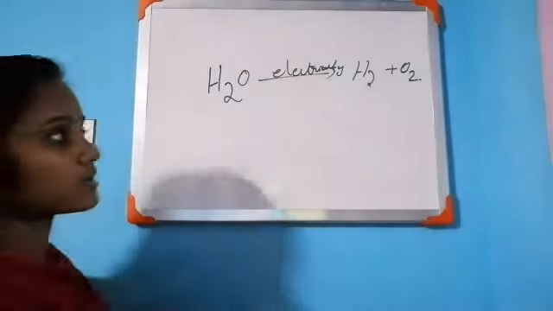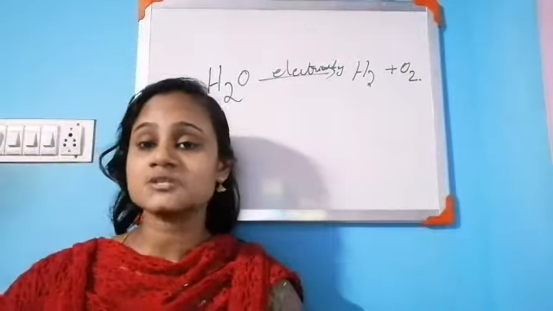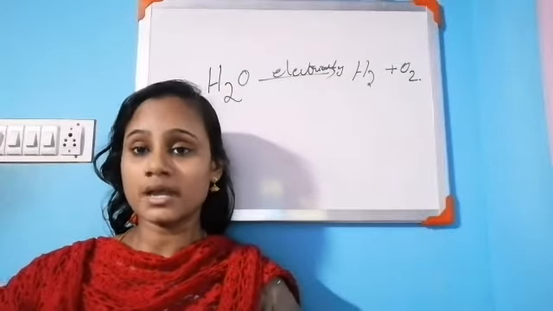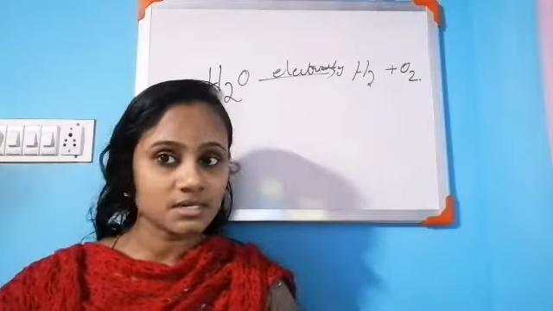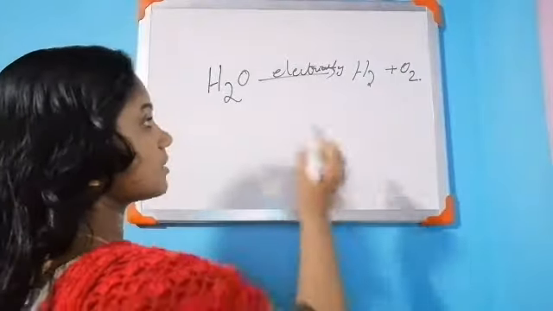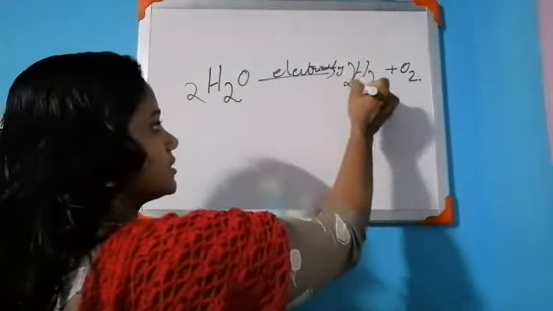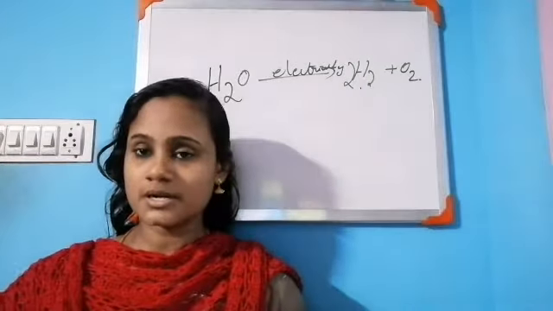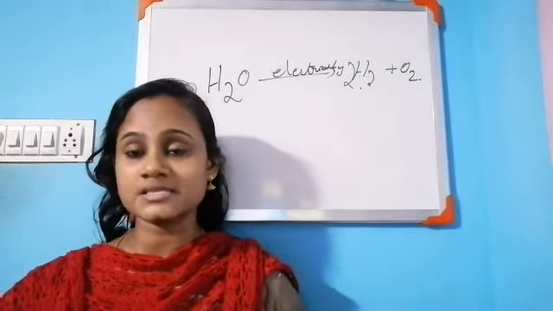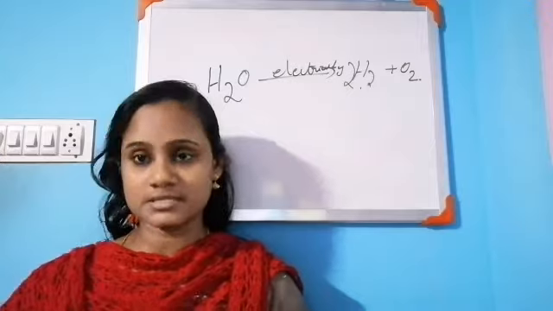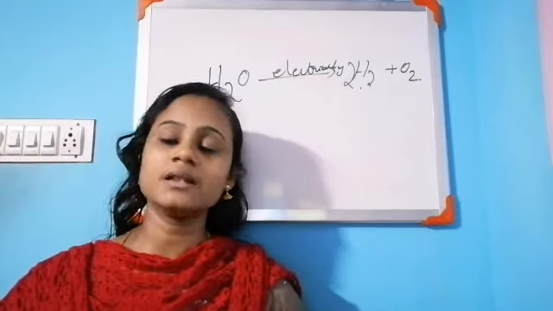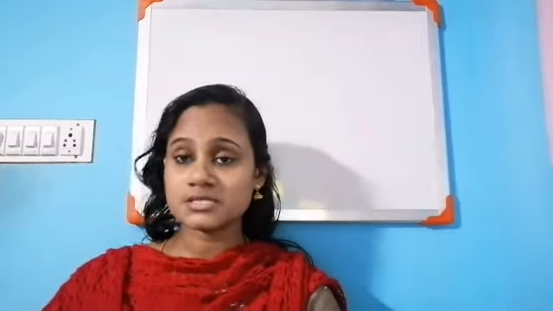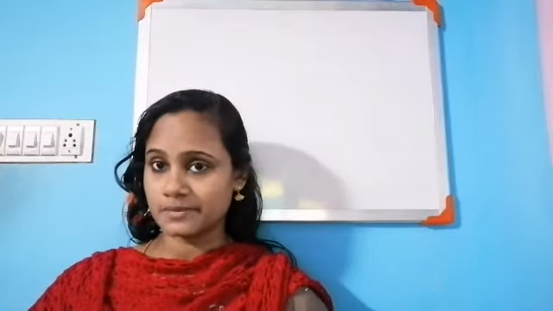We can decompose the water into hydrogen and oxygen. Is it clear? Then balance the equation. Dear children, so some chemical reactions take place in the presence of electricity. That type of reaction is called an electrochemical reaction.